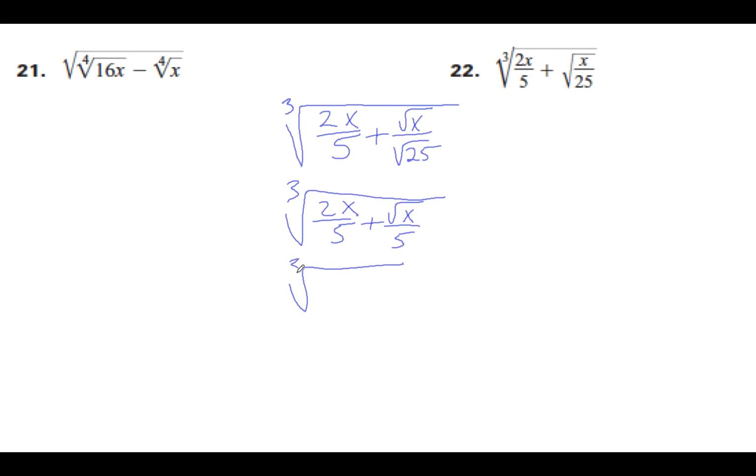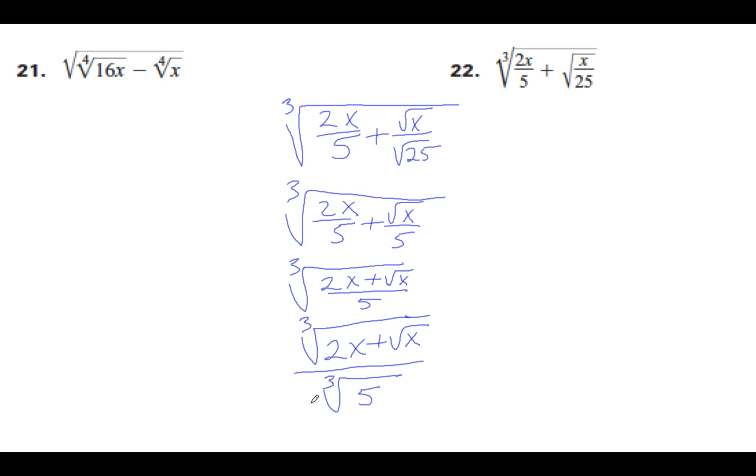Adding fractions, you add the numerators and just keep one denominator. Now, this really becomes cube root of 2x plus square root of x over cube root of 5.